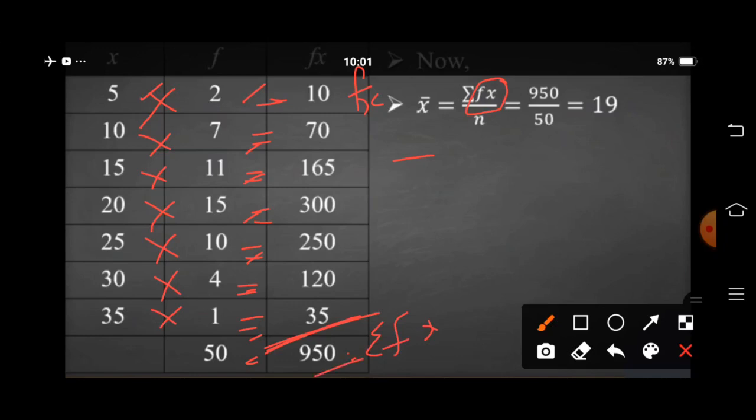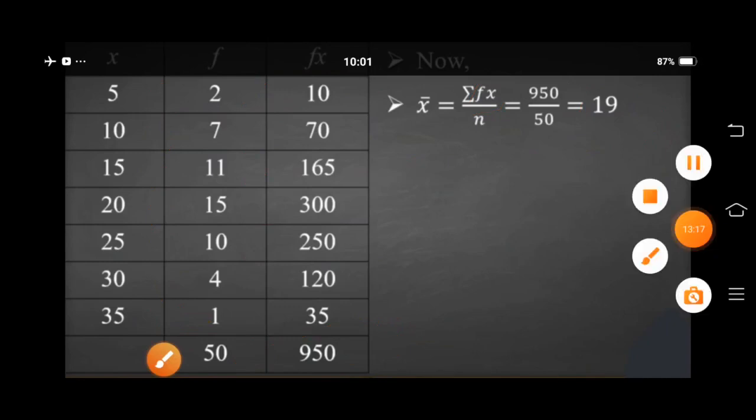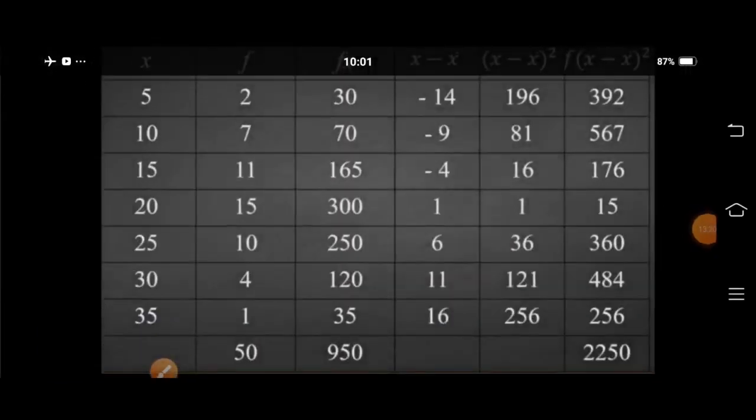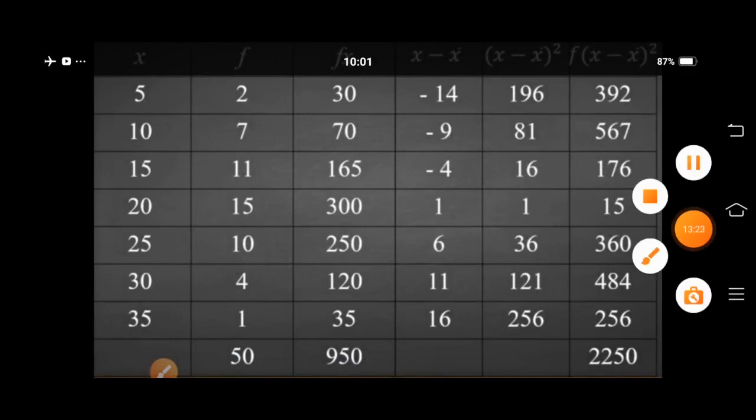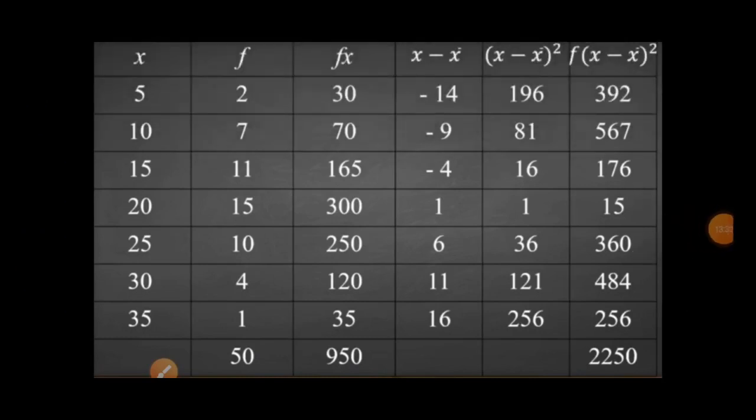Write it down in the formula. Now for n we will make the total of the f column. We get here 50. Okay, 950 divided by 50, the mean is 19. Now this is a complete number, an integer.